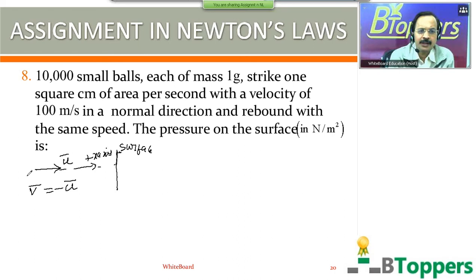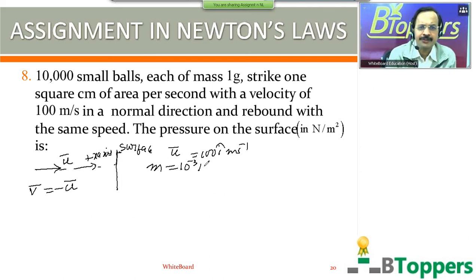The initial velocity u bar can be written as 100 i cap meter per second, i cap being the unit vector along the x-axis. The mass of each ball is denoted by small m. 1 gram means 10 power minus 3 kg.